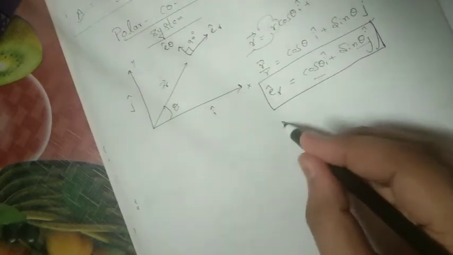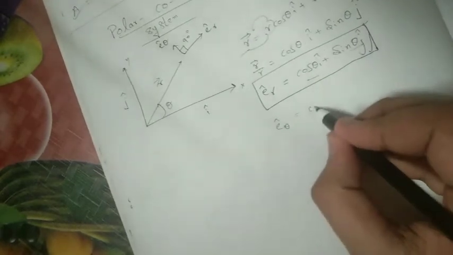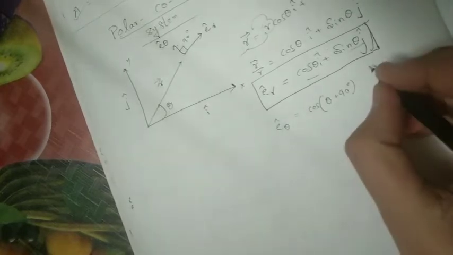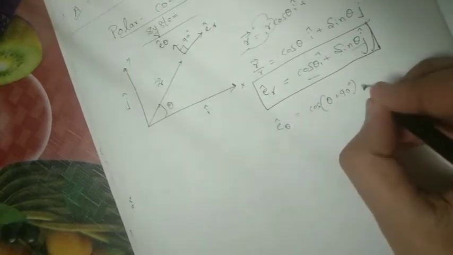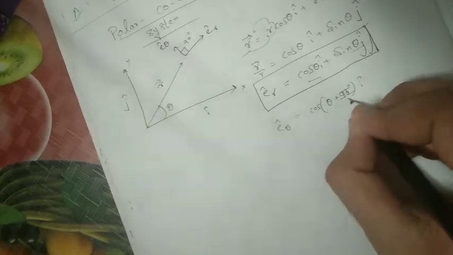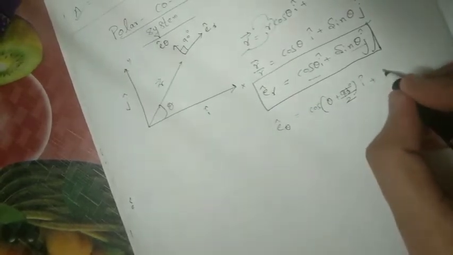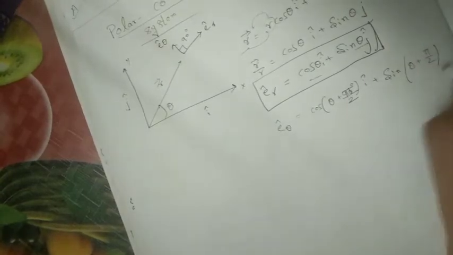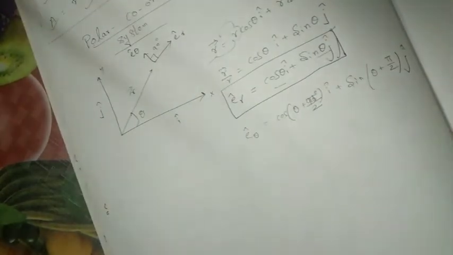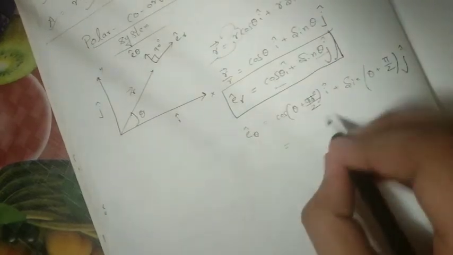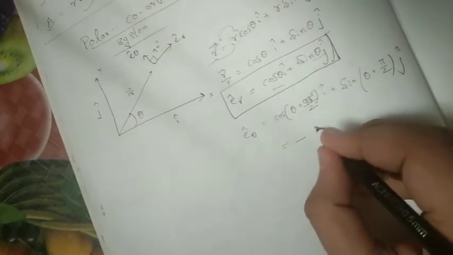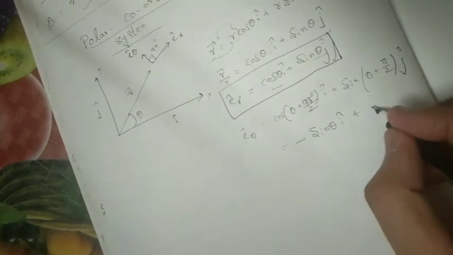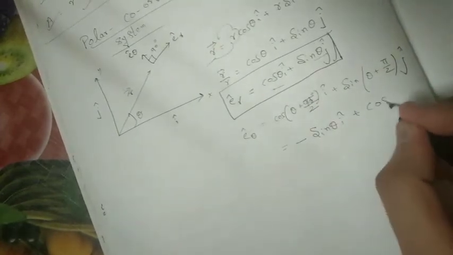Okay, so e theta cap we can write as cosine of theta plus 90 degree, if you write in radian, that's the SI unit and that's better I think, and sine of theta plus pi upon 2. We can write this as minus sine of theta i plus cosine of theta j.